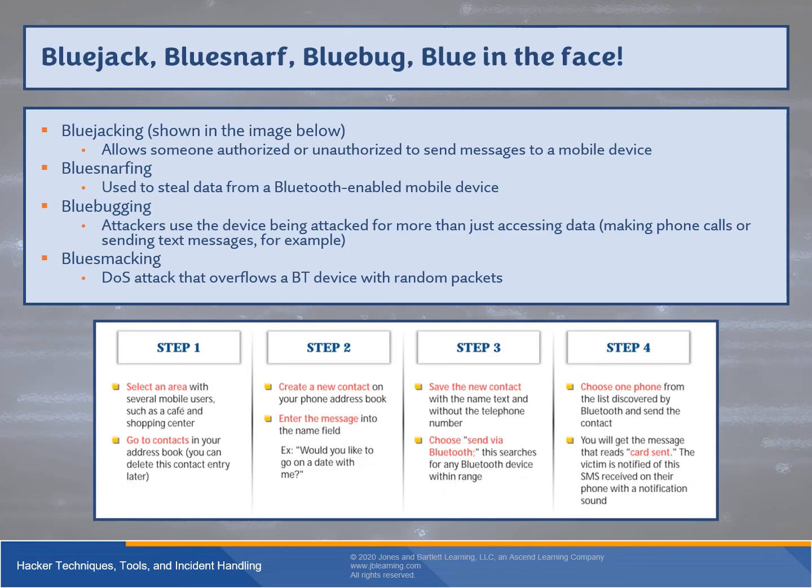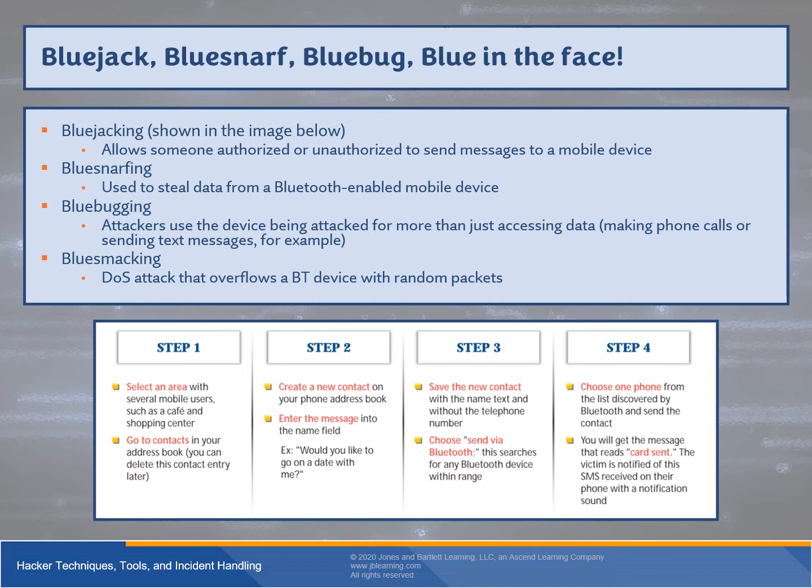Now, some of the different attacks that we see with Bluetooth tend to start with the word blue, because we're a creative bunch in technology. Blue jacking, blue snarfing, blue bugging, blue smacking. For blue jacking, I've actually listed the steps. So if you have an Android phone, you can actually test this out.